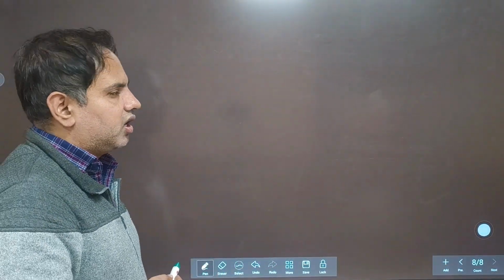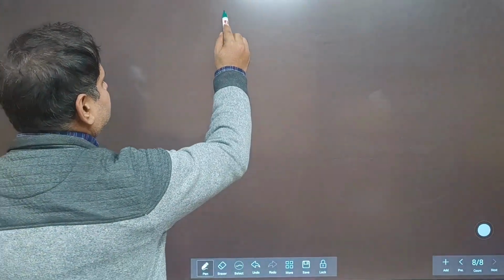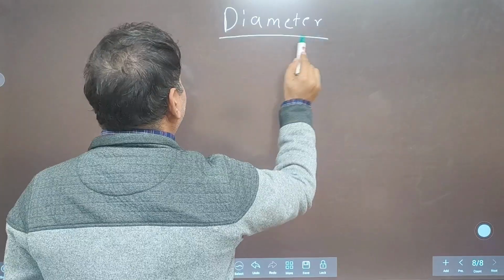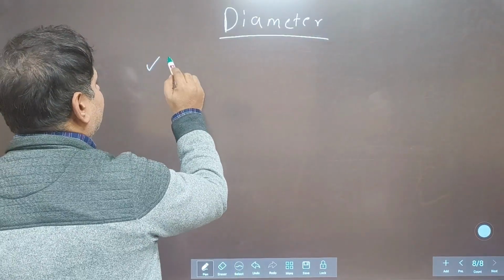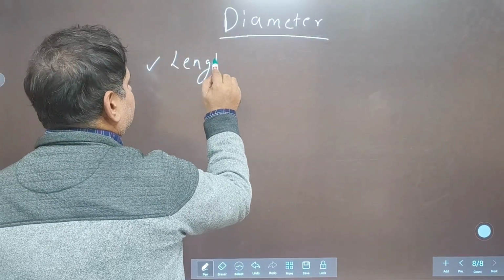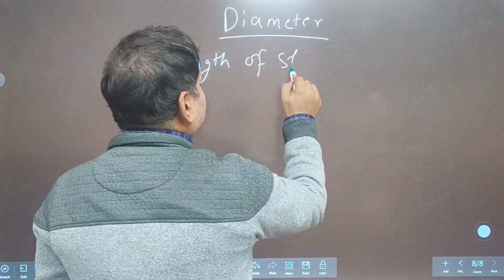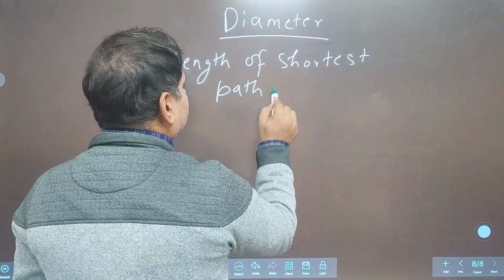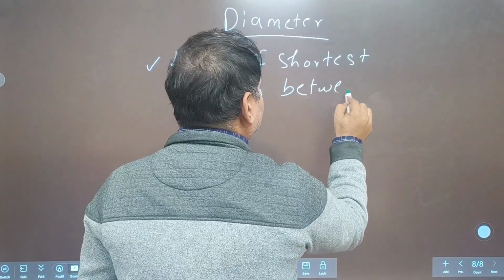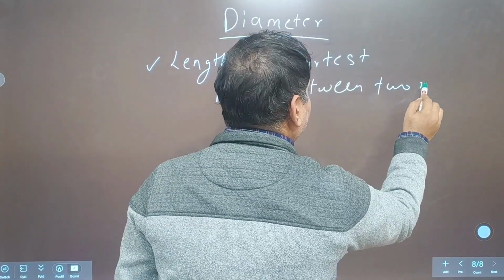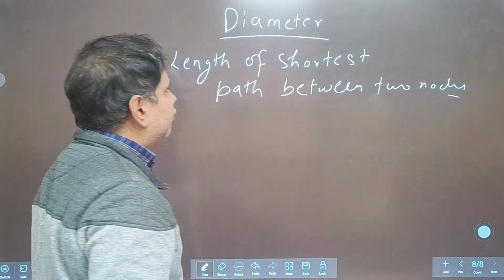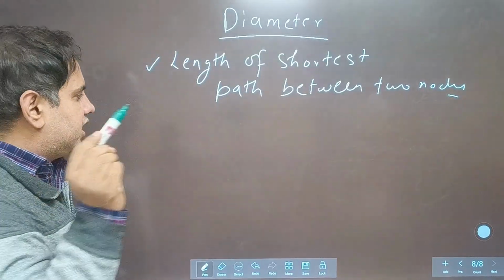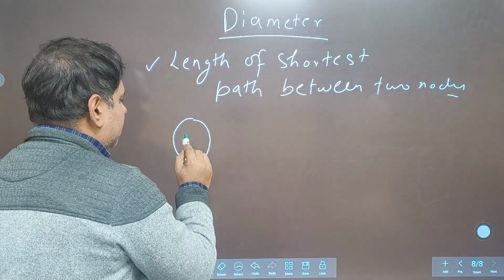And another parameter is the diameter. Diameter is the length of the shortest path between two nodes, right? For better understanding, let me draw a simple network.